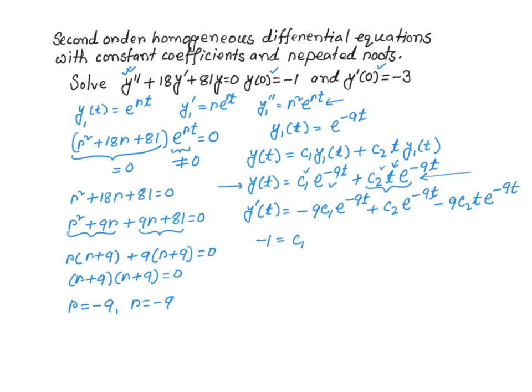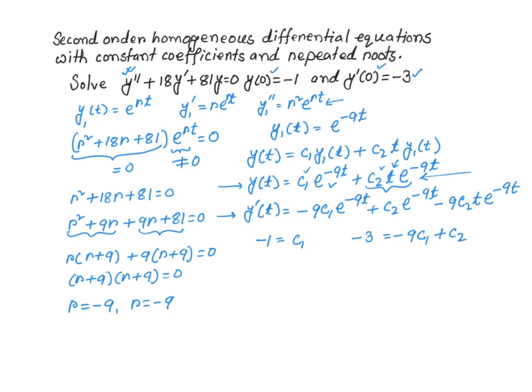Then we could use the second condition, y prime of 0 is equal to negative 3. So from this second equation, that's going to give me negative 3 is equal to negative 9c1 plus c2.